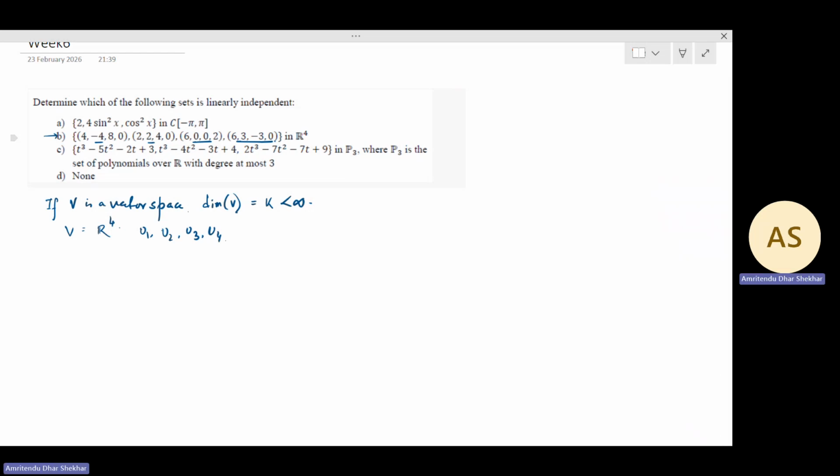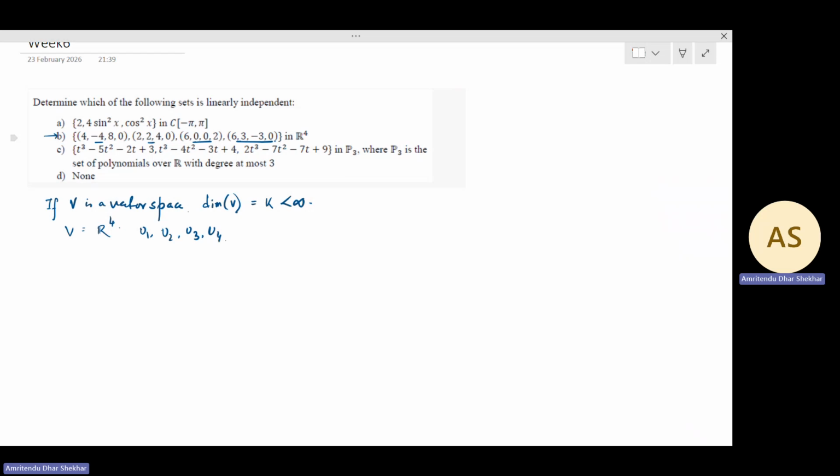Now, what does it mean to say that a particular set of vectors is independent or not independent?